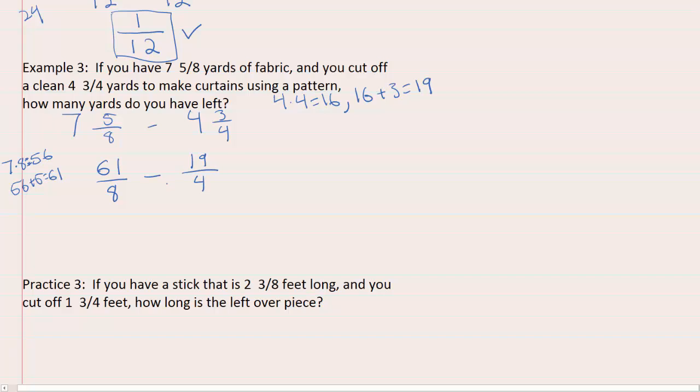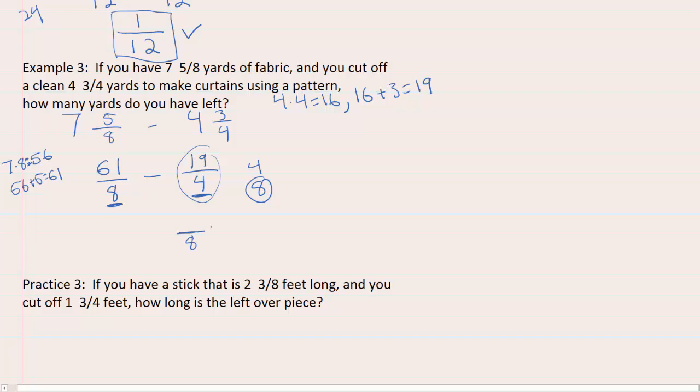Okay. So now I just need to go ahead and find a common multiple of 8 and 4. Seems like that should be pretty easy because 8 is already showing up on this list, and it's definitely a multiple of 4. So let's go ahead and pick 8 as our new common denominator, which means we only have to change this fraction right here.